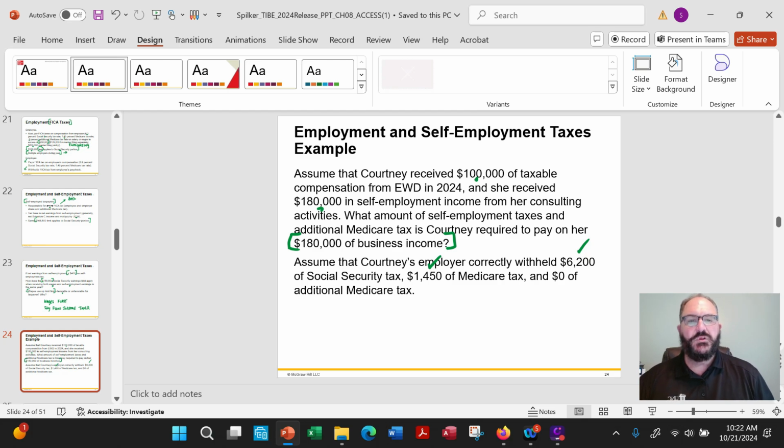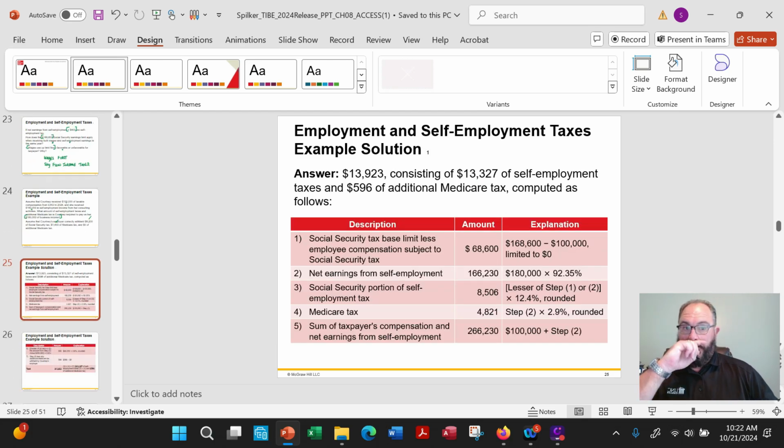Remember, she's responsible up to 160-something. First thing, 168.6 minus 100, so that's 68,600. Then the net earnings from self-employment, times 92.35%, is this amount.